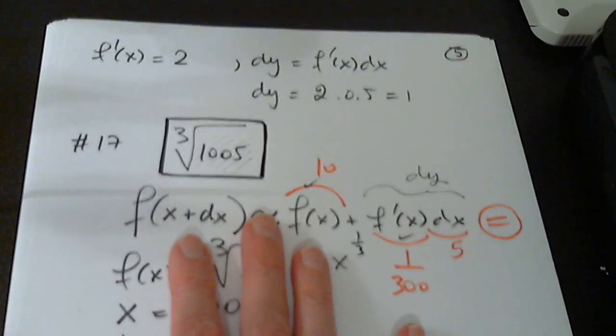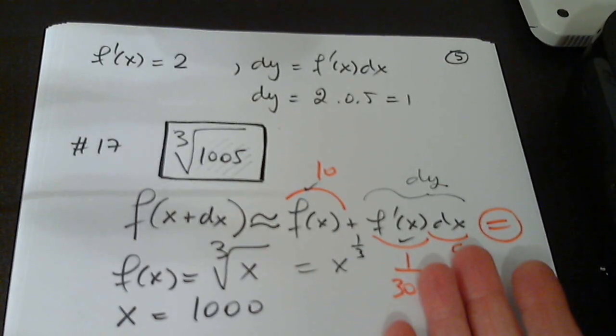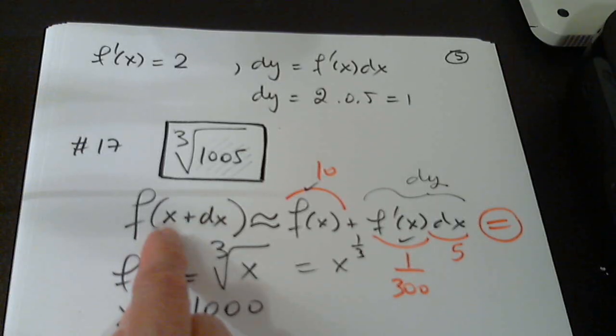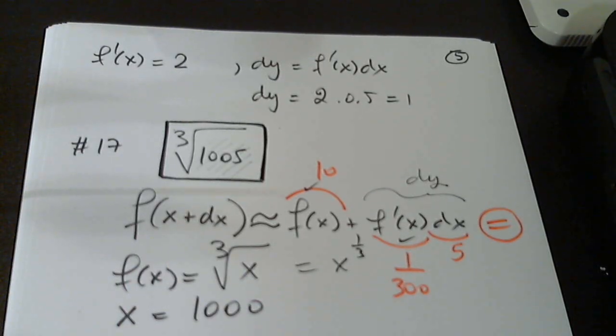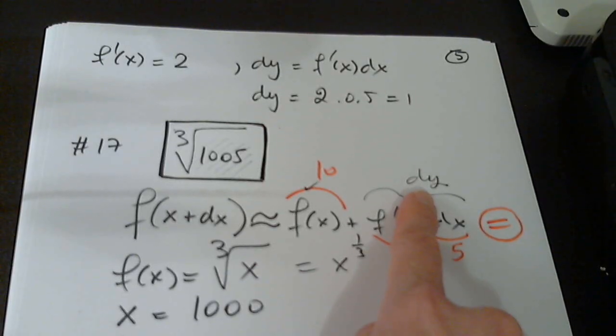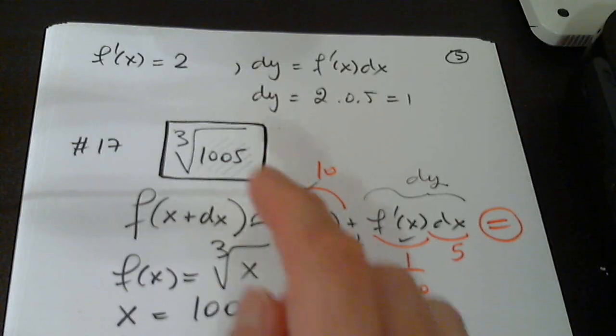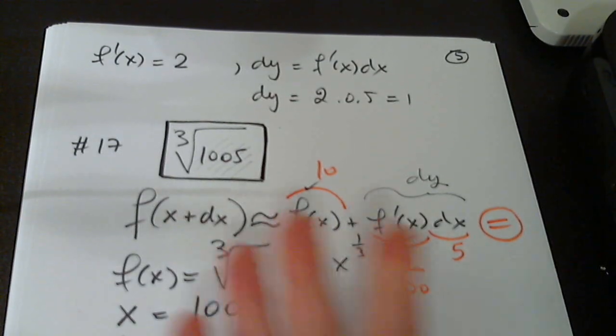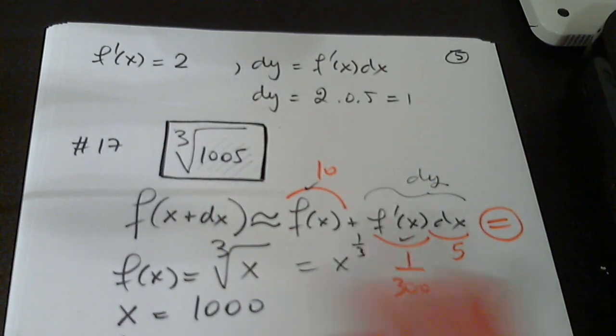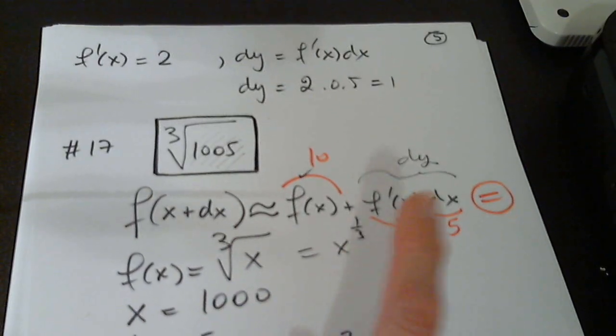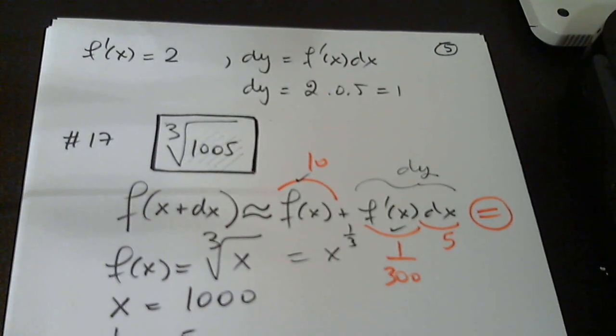So again, what we did, we used a formula that says f of x plus a little bit of error equals f of x plus a little bit of error in y. We identify the function. Obviously, if you just read it, you don't have to do anything. It's the cube root, so the function must be the cube root, x to 1/3, and we differentiate it.